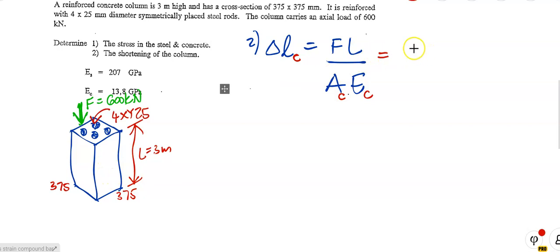So if I rewrite this, this F over A, is that not equal to the stress? Stress is equal to force over area. So I'm going to rewrite this as the stress in the concrete multiplied by the total length over the E for concrete.